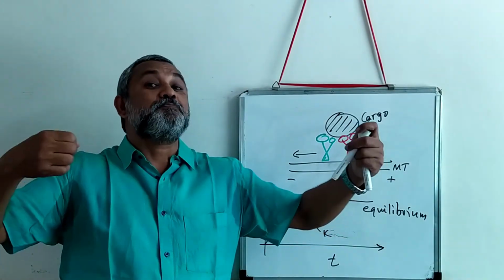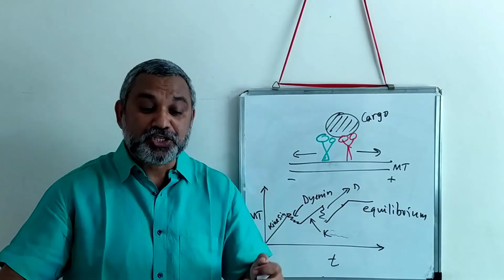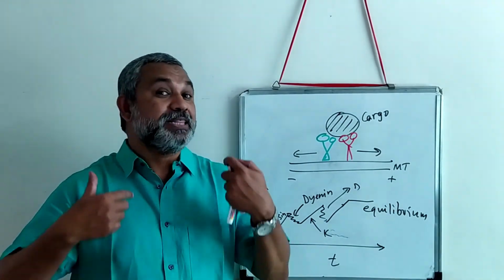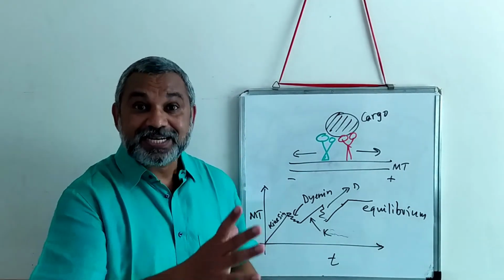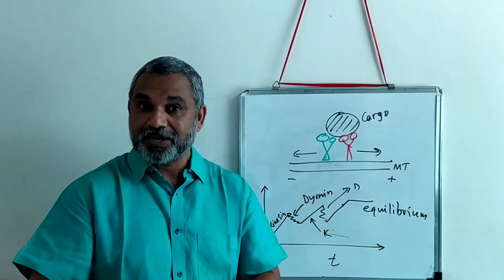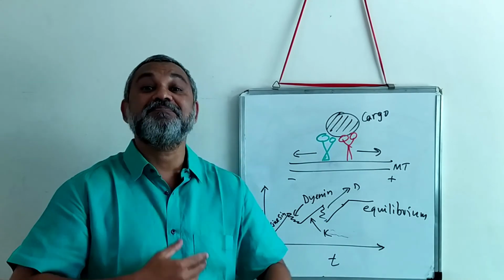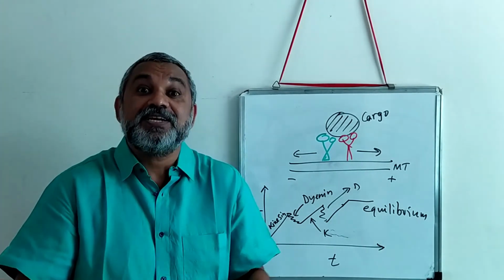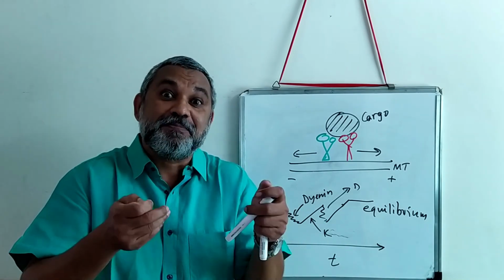This constant push and pull will ensure that the molecules, the proteins or the vesicles are delivered in the right place in a cell. See the kind of dynamism that is happening in a cell to ensure that they are delivered properly, accurately and precisely.